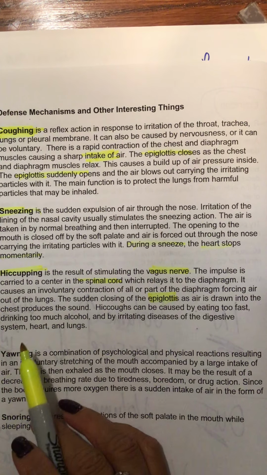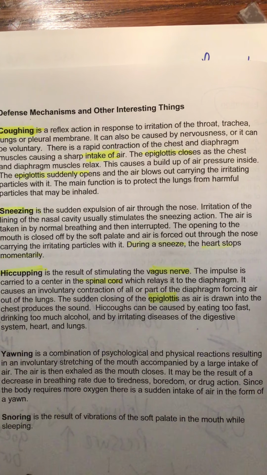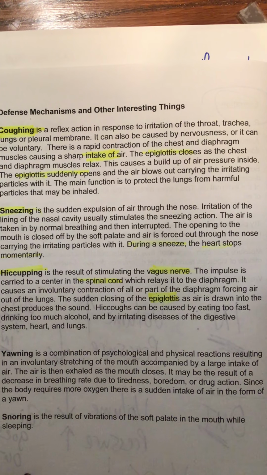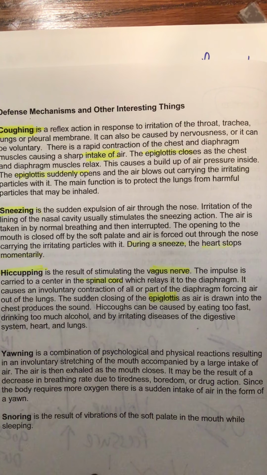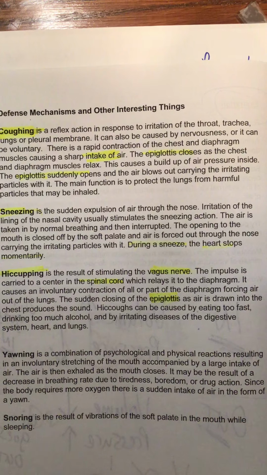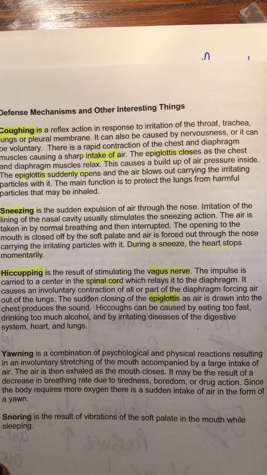So when the diaphragm rapidly contracts, the epiglottis closes, and that is what you hear when you produce that hiccup sound. Hiccup can be caused by eating too fast, drinking too much alcohol, and by irritating disease of the digestive system, heart, and lungs.